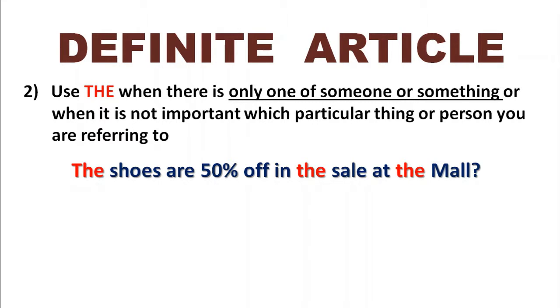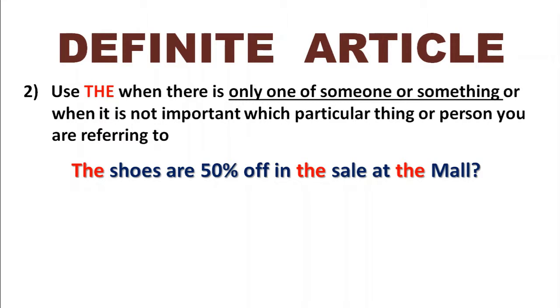If we're actually buying these shoes somewhere unusual, still in a mall, but not the local mall, then we would say something like, they were 50% off in the sale at the Burlington Mall, or the mall on the other side of town, or the mall up beside the university. We would define the mall. But if you don't define the mall, you mean the local one.